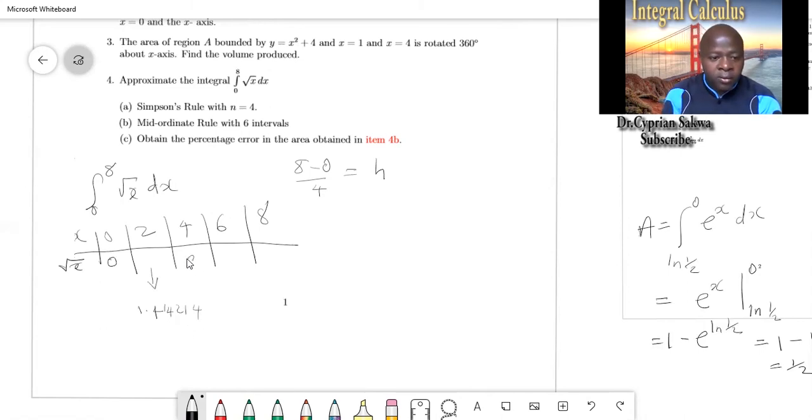And this one is, of course, 2. This one I was getting again a longer value, 2.449490. And then lastly, the root of 8 is 2.828427. So we have those values.